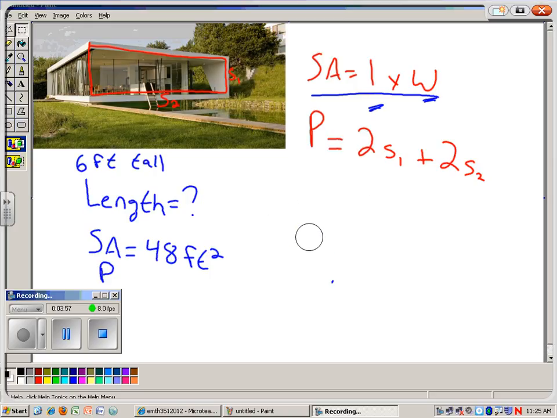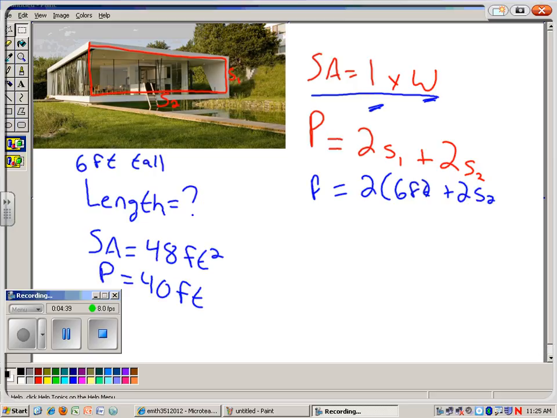So let's say that the perimeter is equal to 40 feet. So we have P is equal to 2S1 plus 2S2. So what would S1 be? 6 feet. So 2 times 6 feet, and we don't know what side 2 is, so we're just going to say side 2.